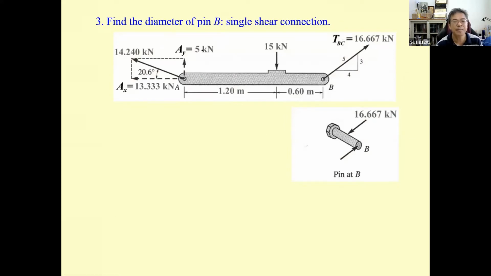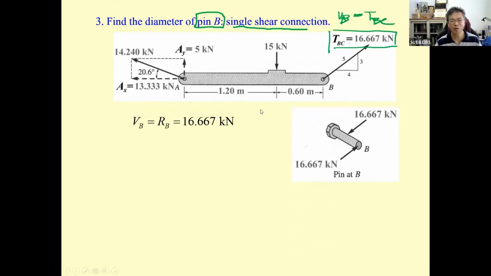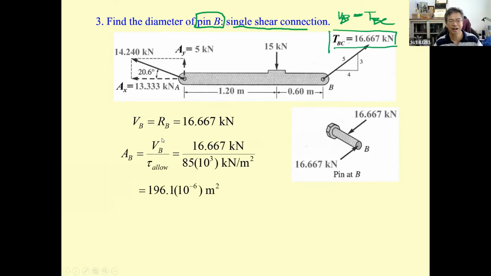The pin B is in single shear, due to the T sub BC. So this time we're going to have V sub B equal to T sub BC. Now we just put it over here, and you may get the answer to be 196.1 square millimeter, or 196.1 times 10 to the minus 6 meter square.